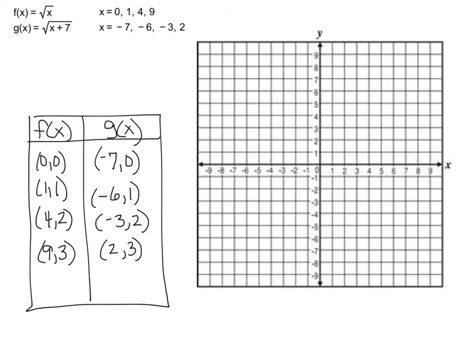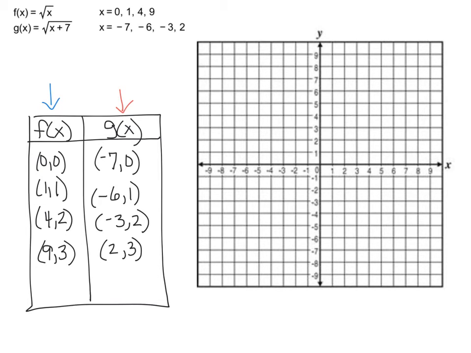Now that we've evaluated each function at the given x values, we're going to graph each function on the same coordinate plane. So here I have a chart, and the first column represents all of the ordered pairs that we found for f of x, and the second column represents all of the ordered pairs that we found for g of x.